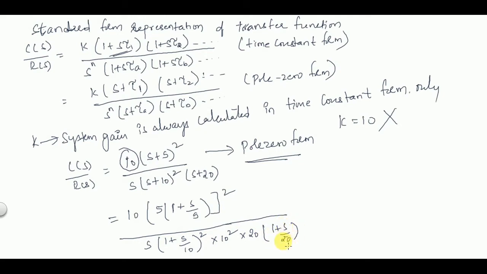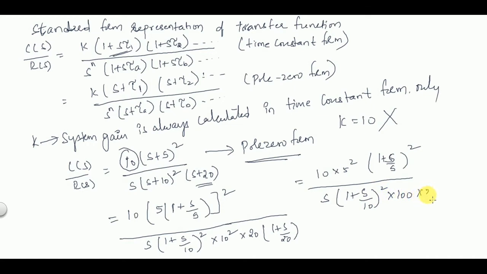Again you get s plus 20 divided by 20, so this 20 will cancel out. So this is 10 into 5 square into (1 plus s by 5) whole square divided by s into (1 plus s by 10) whole square into 100 into 20 into (1 plus s by 20).